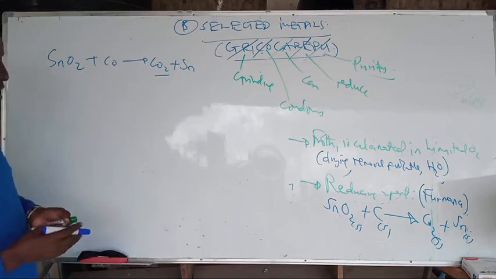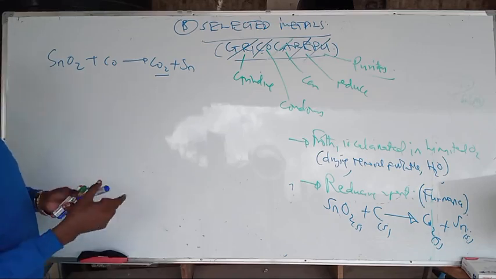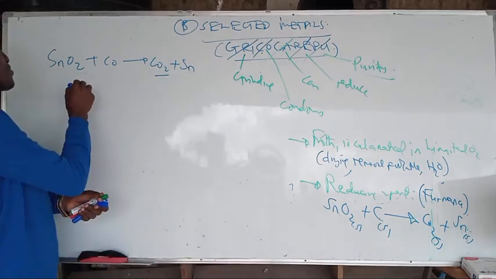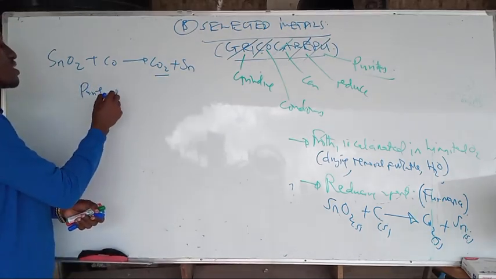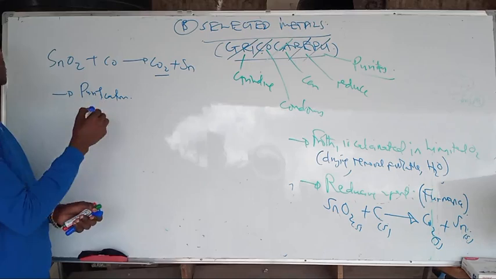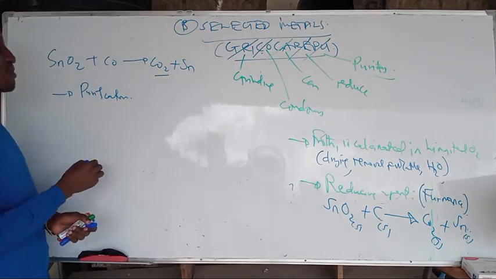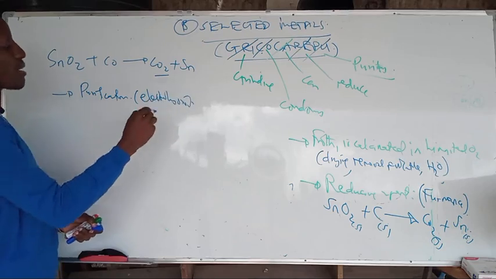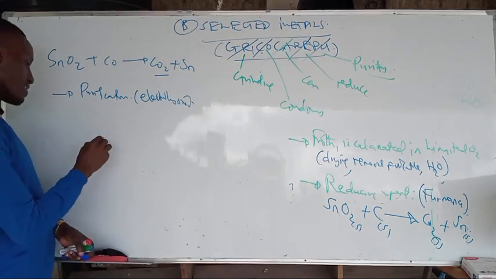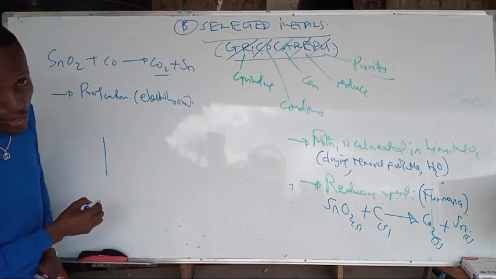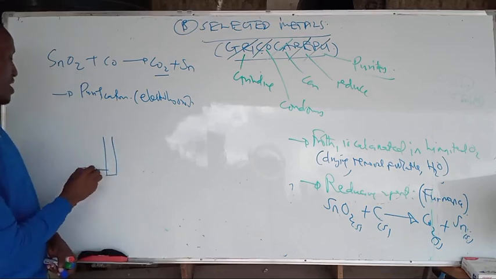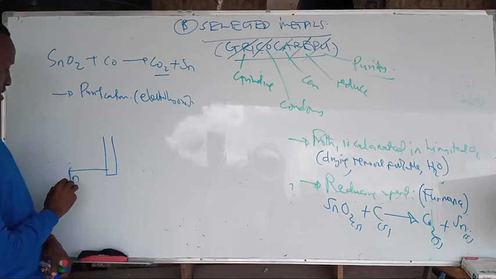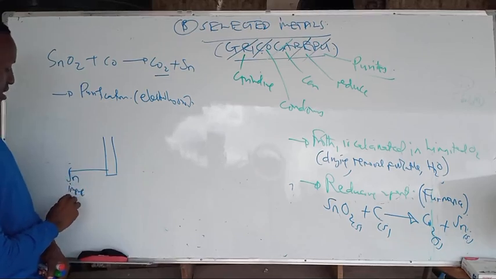So speaking about the purification method, what is done in the last step, the fifth step, purification? Purification is done by using an electrolytic cell, electrolysis. The impure tin is put at the anode.